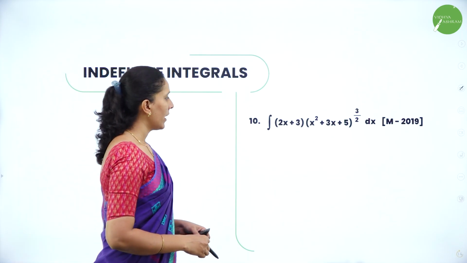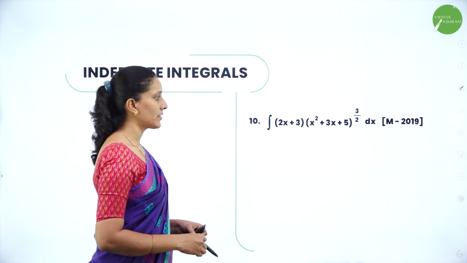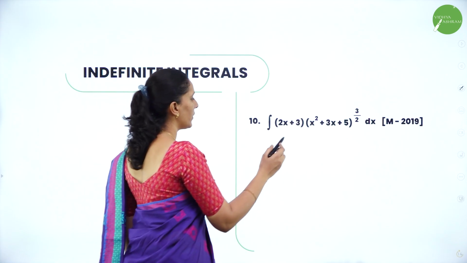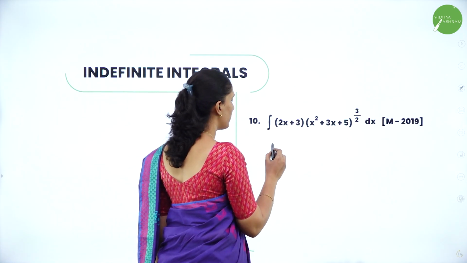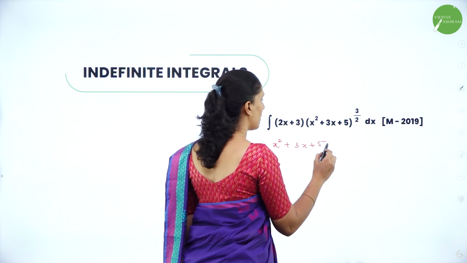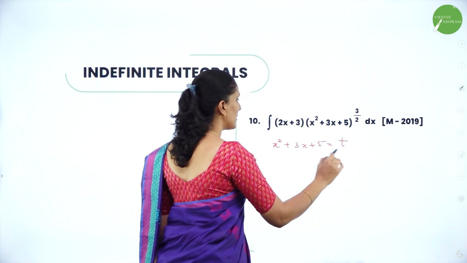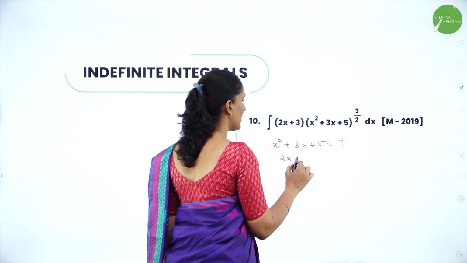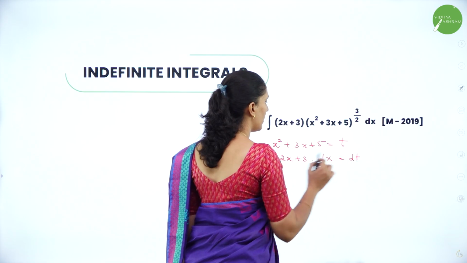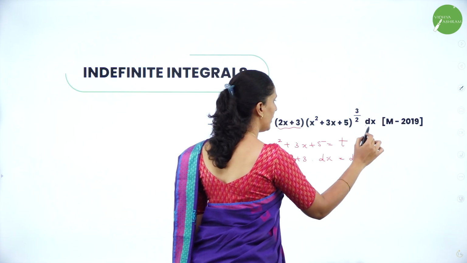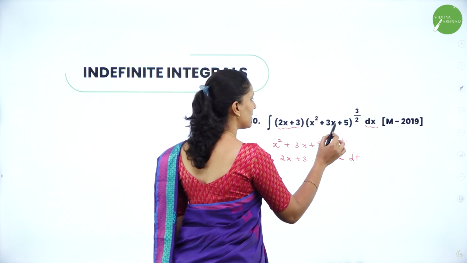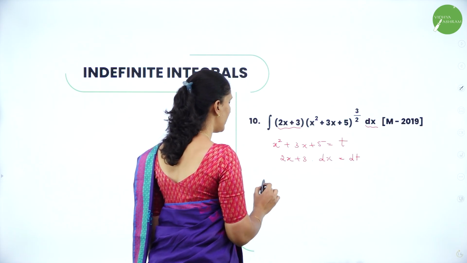Next we have the integral of 2x plus 3, x square plus 3x plus 5 to the power 3 by 2, dx. So here we are going to use the substitution method. We will take x square plus 3x plus 5 equal to t. Let's differentiate this. We will get 2x plus 3 dx equal to dt. Now clearly 2x plus 3 dx can be replaced by dt, and x square plus 3x plus 5 can be replaced by t.